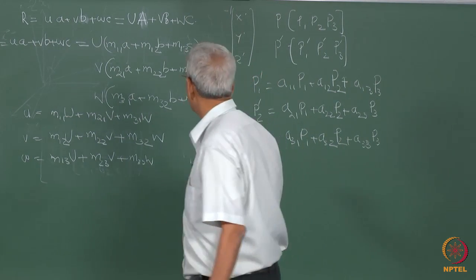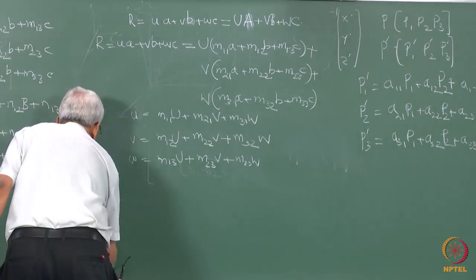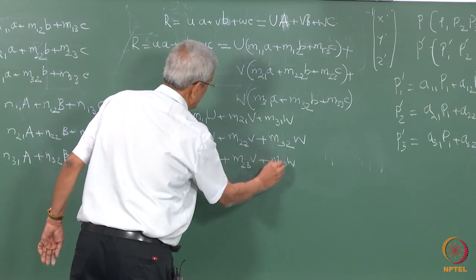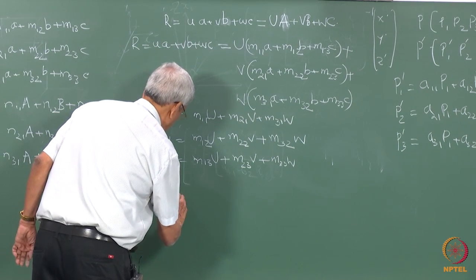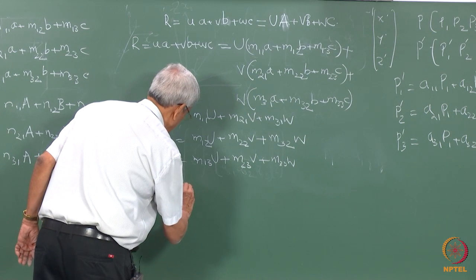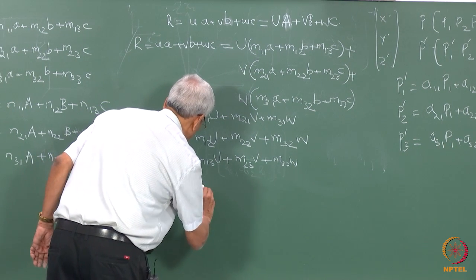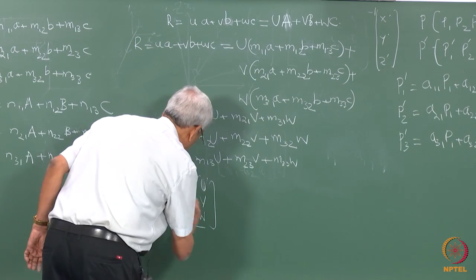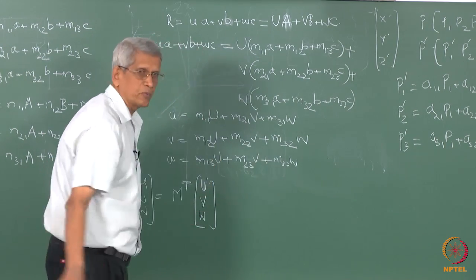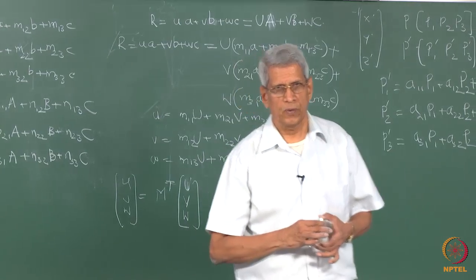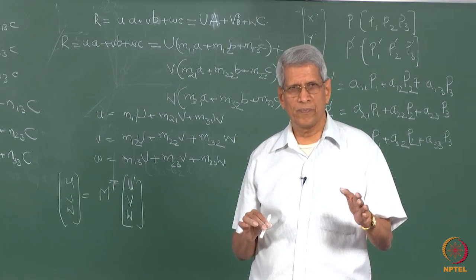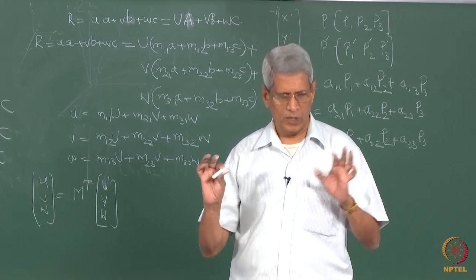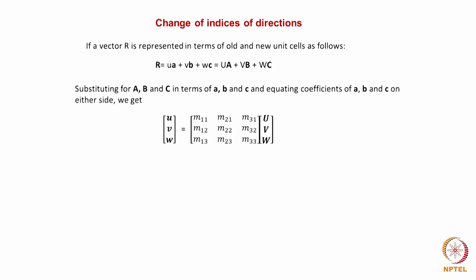What one can make out here is that if it is u, v, w, and we write it in a matrix form, this matrix is nothing but the transpose of the matrix used to go from the old coordinate system to the new coordinate system. That's the only thing which one has to remember.